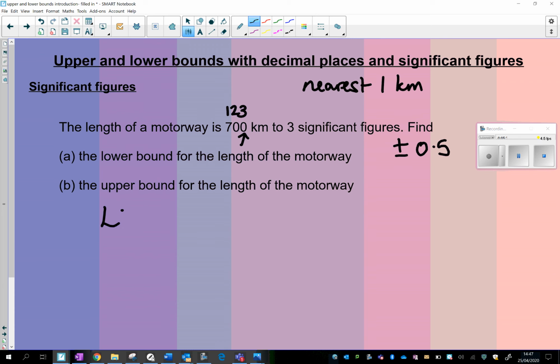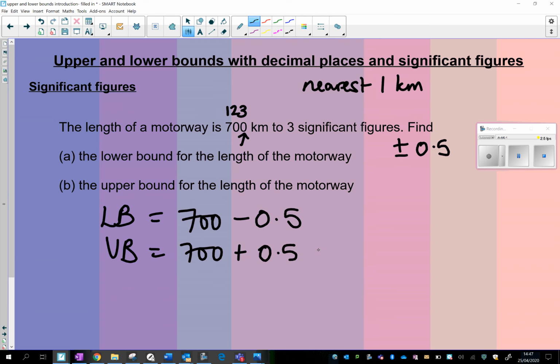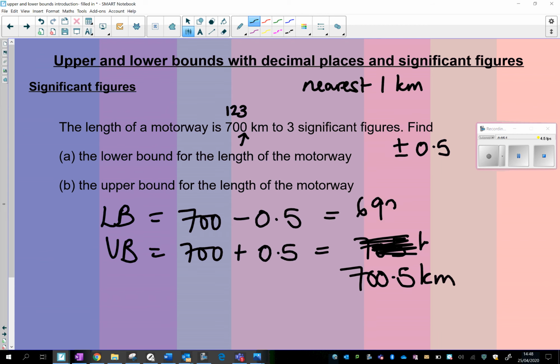So this time the lower bound is going to be 700 take away 0.5, and the upper bound is going to be 700 add 0.5. So the upper bound is 705 kilometers. Oh, sorry, what am I talking about? 700.5 kilometers. And the lower bound is going to be 699.5 kilometers.